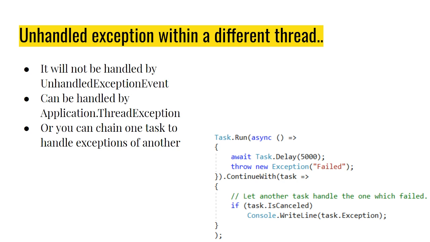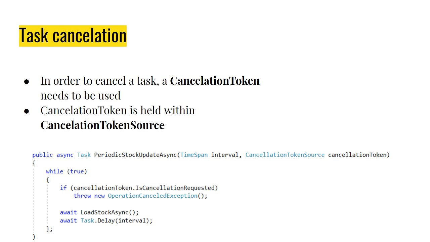Sometimes you could even do something that basically says, if a task failed, you can have another task which handles the task which failed. That also works. And sometimes you need to handle cancellation of a task.